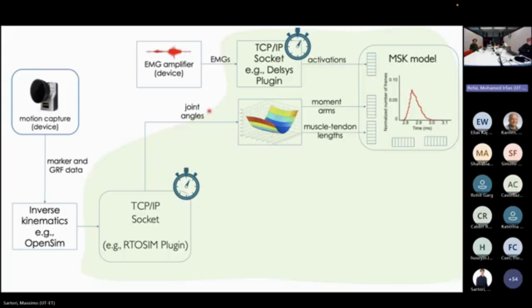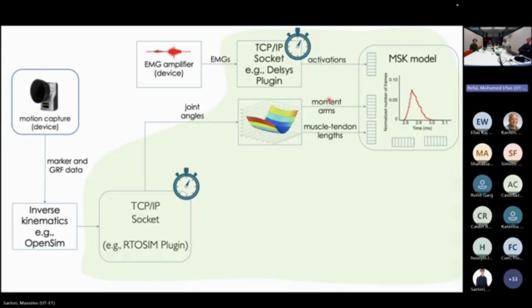What the spline module does is essentially convert joint angles into estimates of muscle tendon lengths and muscle moment arms. These splines essentially synthesize the musculoskeletal geometry that's being used in the simulation.